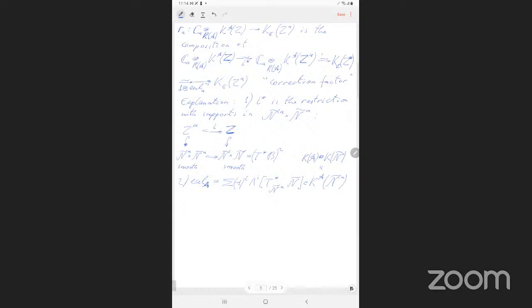And then if iota is an embedding from the fixed point set into the cotangent bundle of flag variety, then we know that the composition of iota push forward and iota pull back is the multiplication by this Euler class.